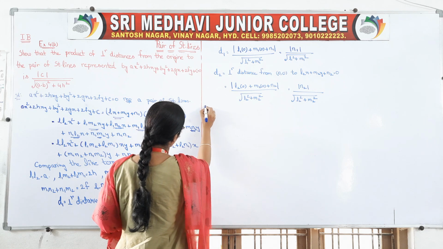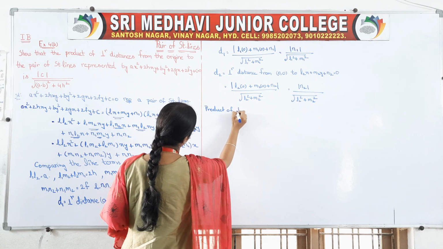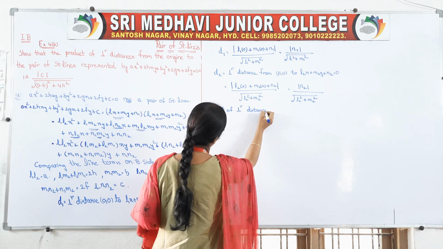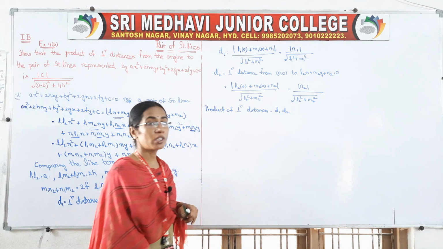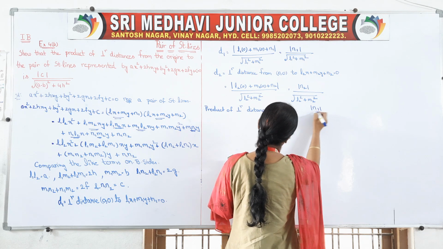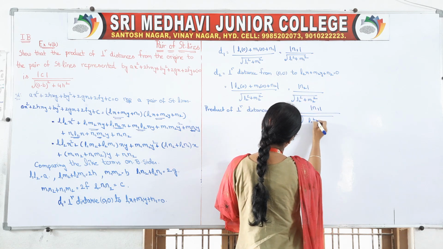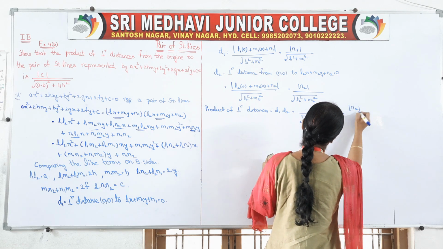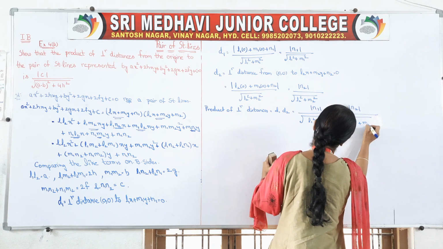Now we have to take the product, product means multiplication, of the perpendicular distances. So it is nothing but d1 into d2. Okay, so d1 into d2 is equal to mod n1 by root of L1 square plus M1 square into mod N2 by root of L2 square plus M2 square.